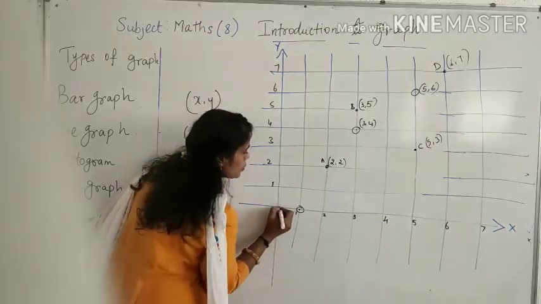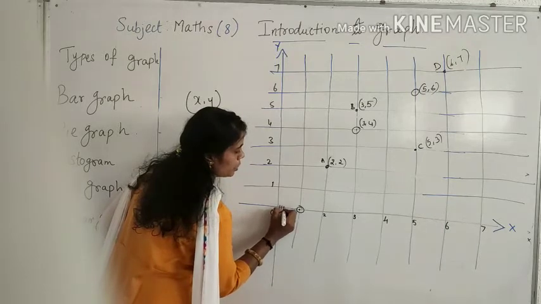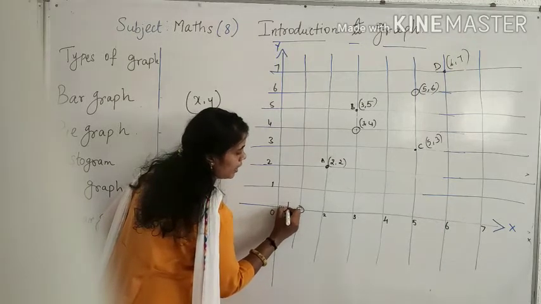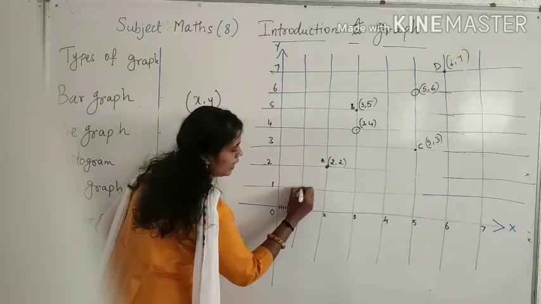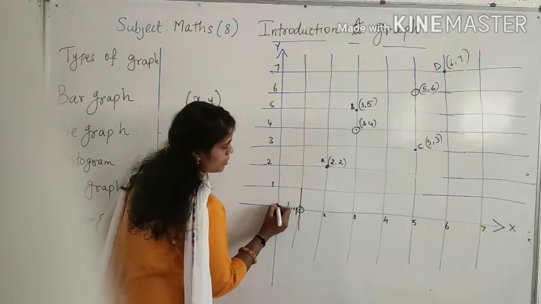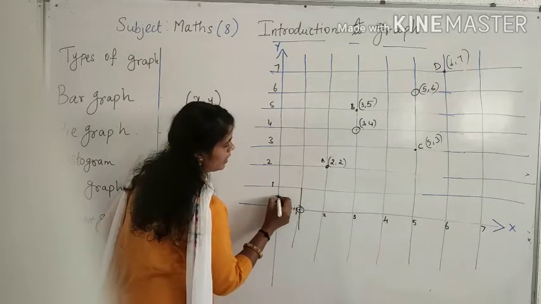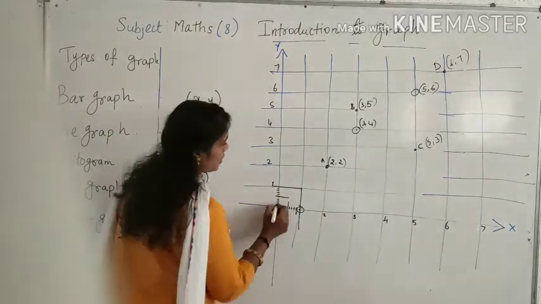If you see the graph, you can see the lines 1, 2, 3, 4, and then the 5th line is a little dark, and then 6, 7, 8, 9, and the 10th line is a little dark. So one unit will be divided like this.